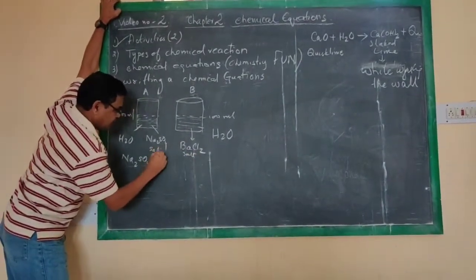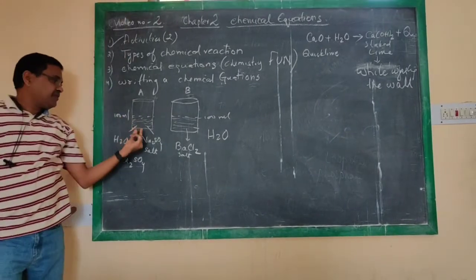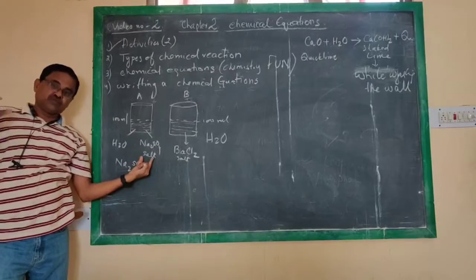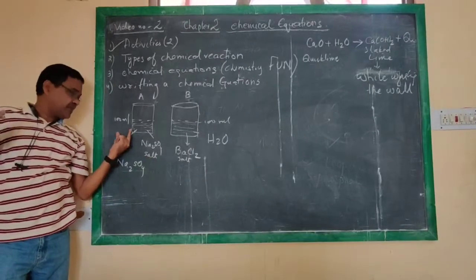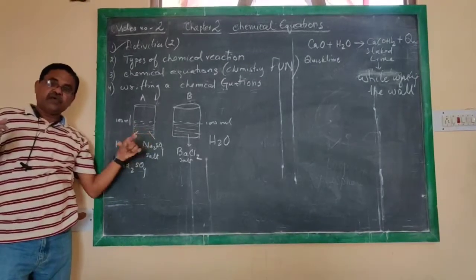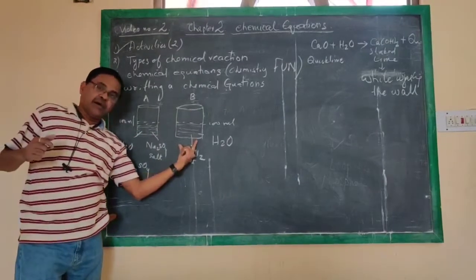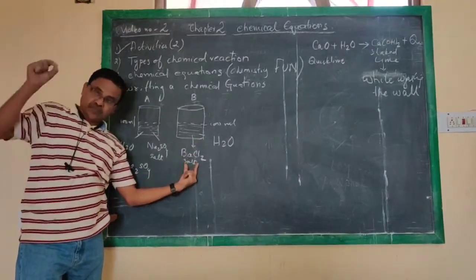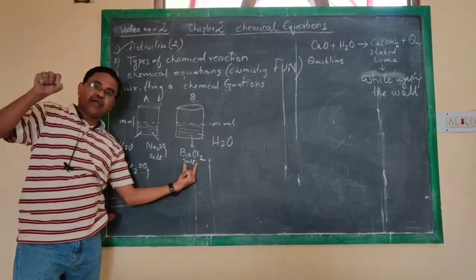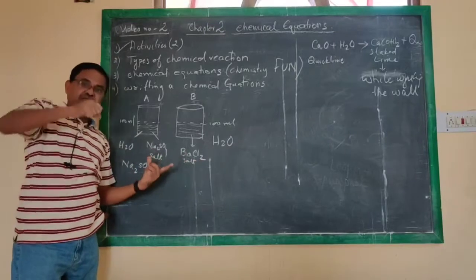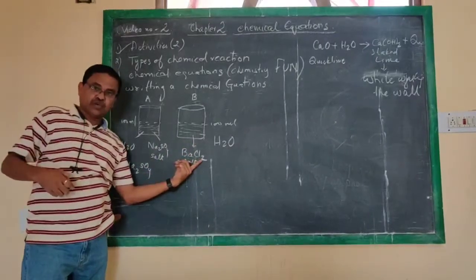Both are salts. Shake it, and a colorless solution is formed in beaker A. In beaker B, add some barium chloride salt to the 100 ml of water, shake it, and you will get a colorless solution.